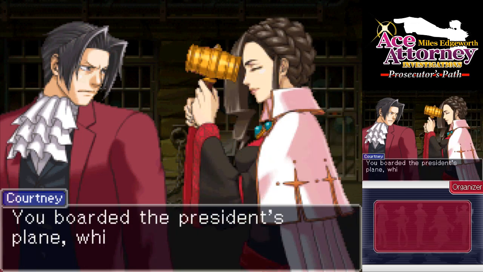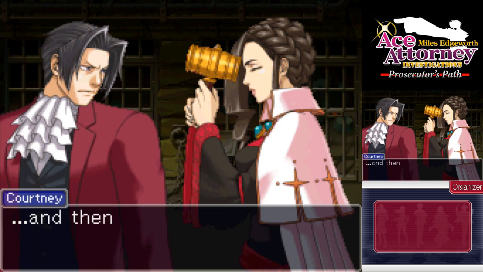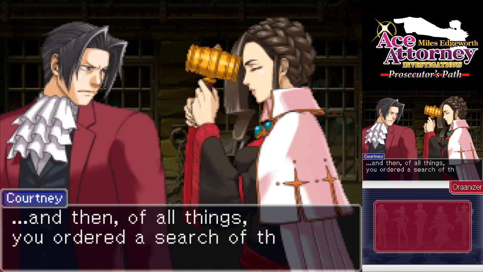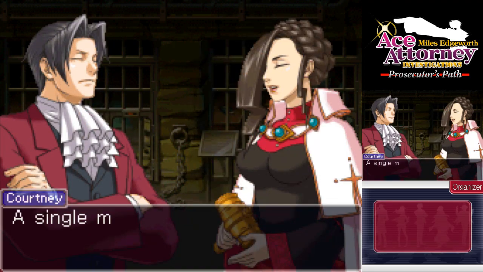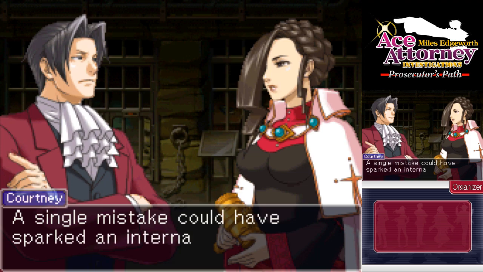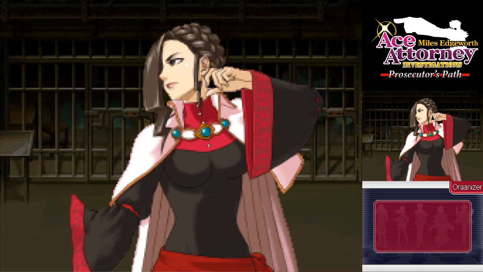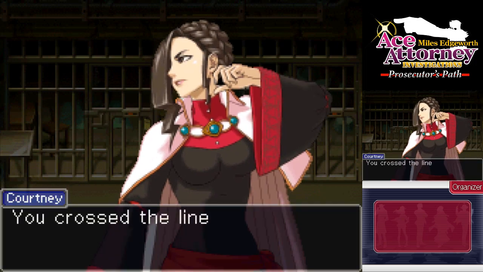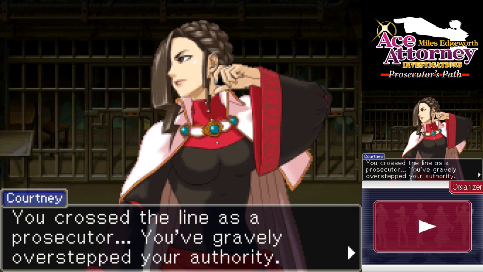You boarded the President's plane, which was protected by extraterritorial rights. And then, of all things, you ordered a search of the President's personnel. A single mistake could have sparked an international incident. Whoa! You crossed the line as a prosecutor. You've gravely overstepped your authority.